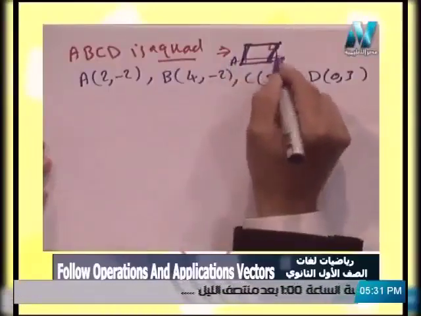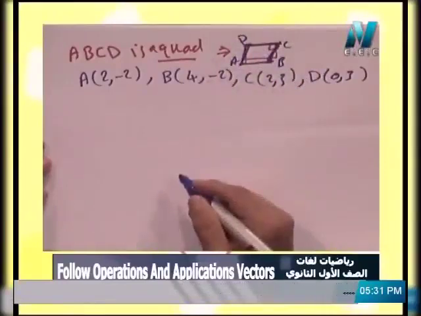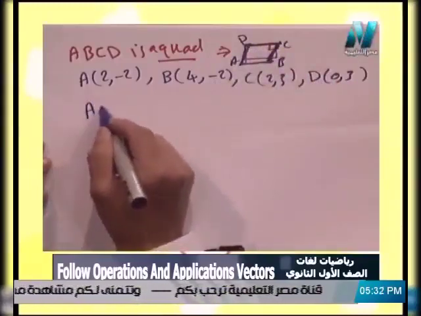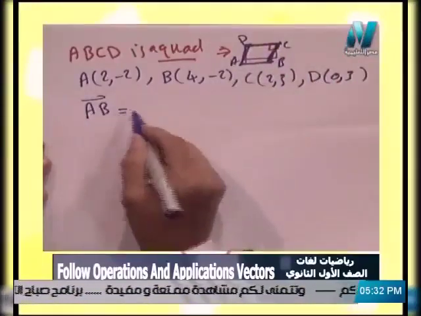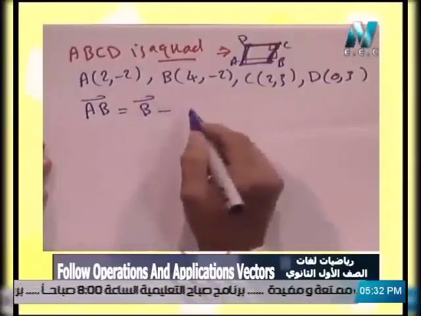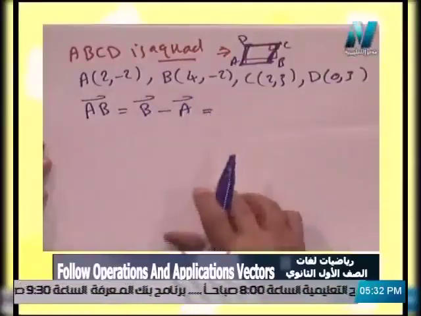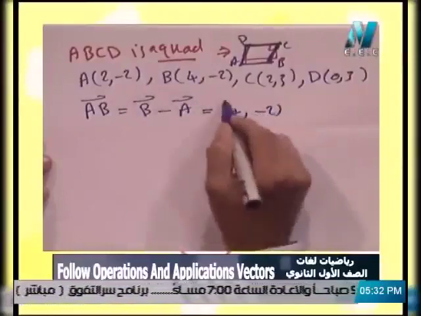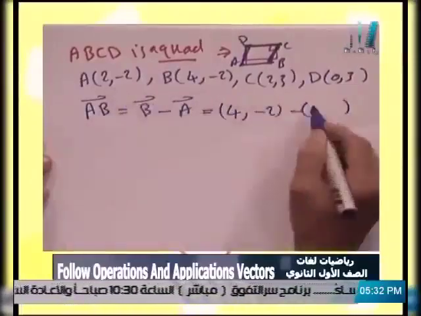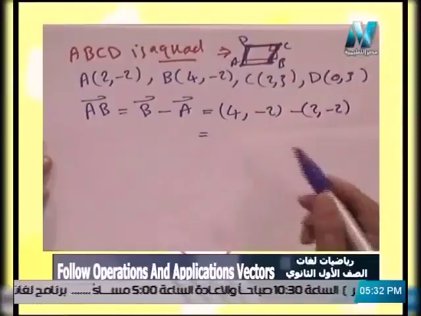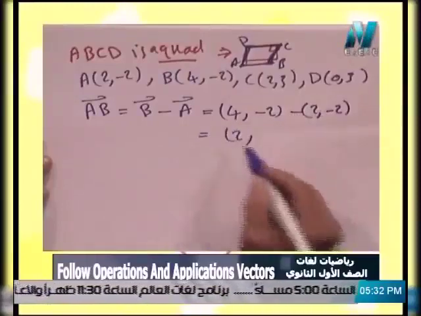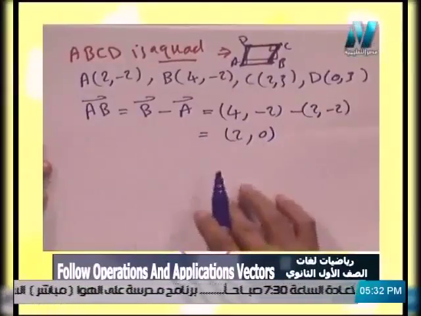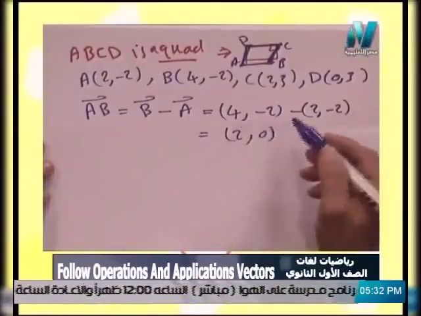Here ABCD is a quad, and we would like to prove that ABCD is a parallelogram. We say that the vector AB equals B minus A. B minus A is (4, -2) minus (2, -2). 4 minus 2 equals 2.